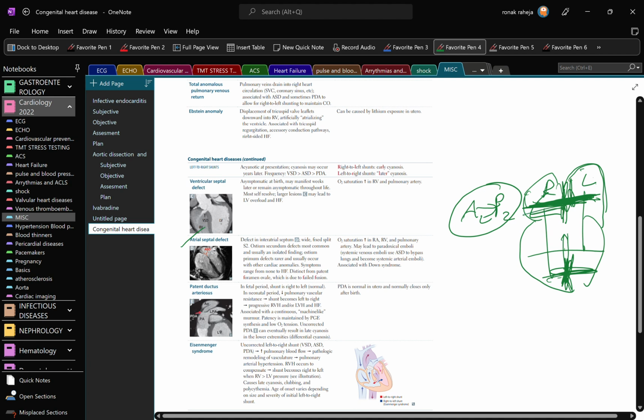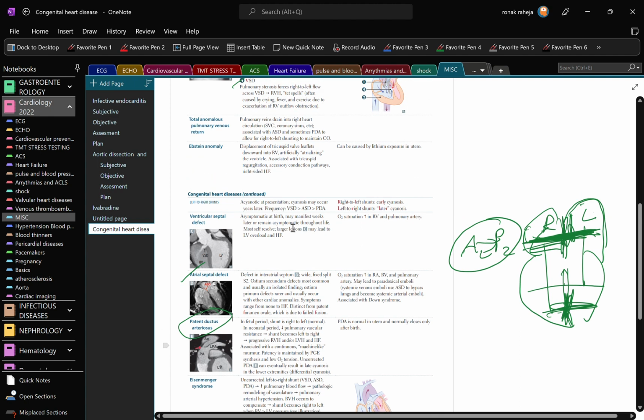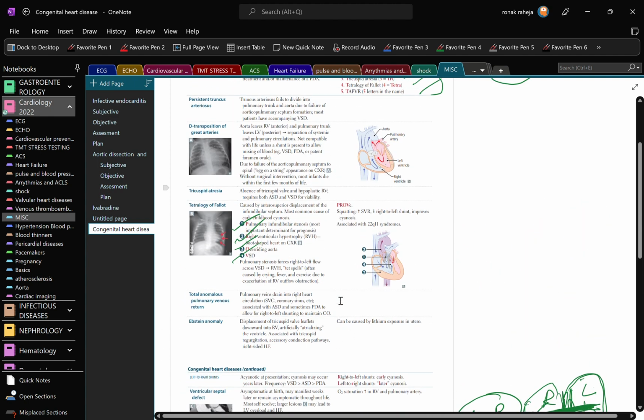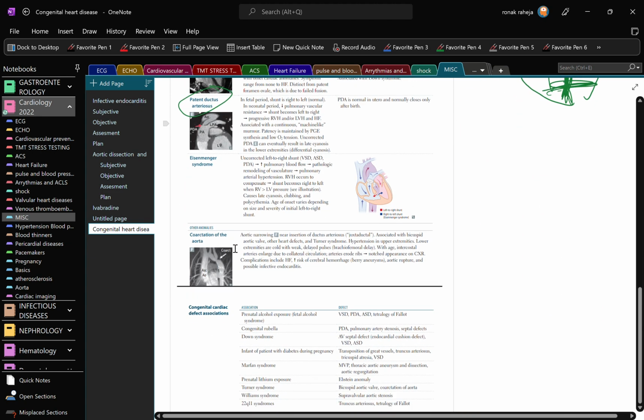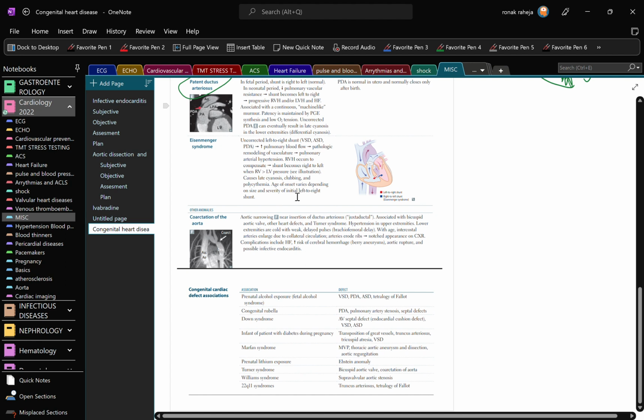So patent ductus arteriosus we already discussed, in the case of a patent ductus arteriosus being a requirement for the survival of transposition of the great vessels. And you can have patent ductus arteriosus which causes abnormal blood flow to the two arms, which is where you have a pulse difference in your right and left arm.